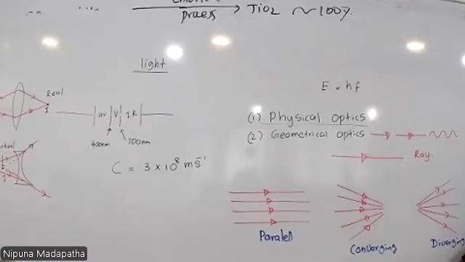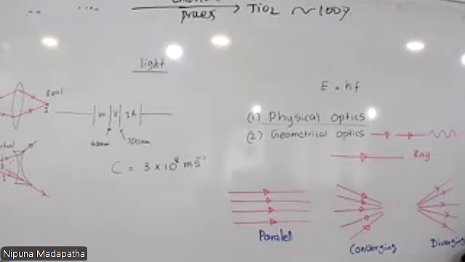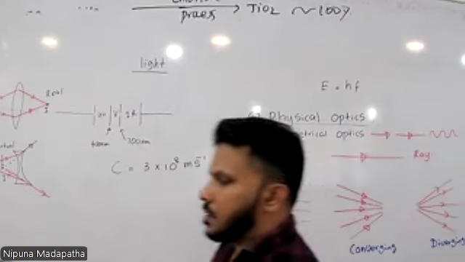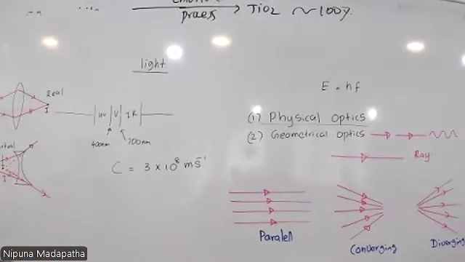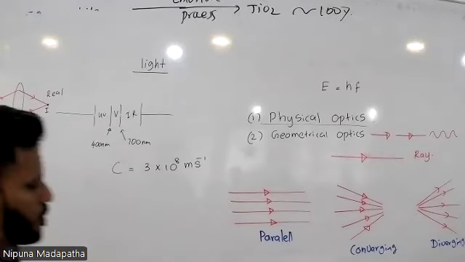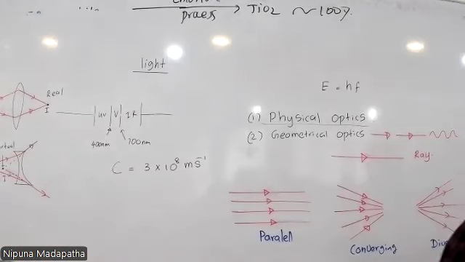In geometrical optics, we assume light is traveling in straight line paths.